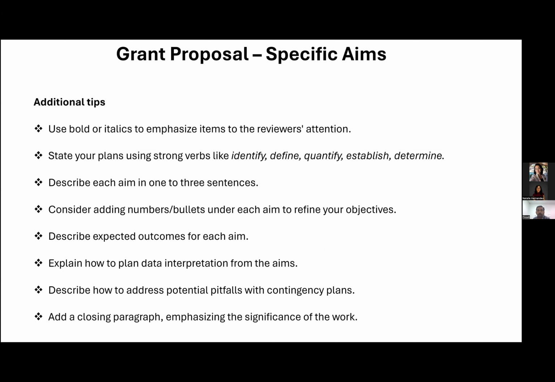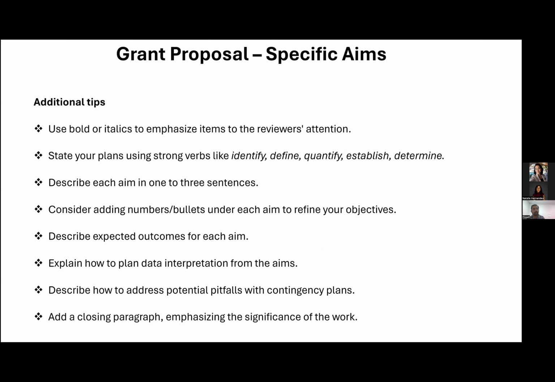And always use strong verbs like identify, define, quantify, establish, determine, like that. Okay. Aim one, determine the regenerative potential of so and so. And otherwise, quantify the population of stem cells which can differentiate into cardiomyocytes.